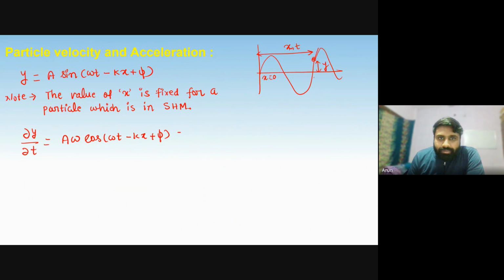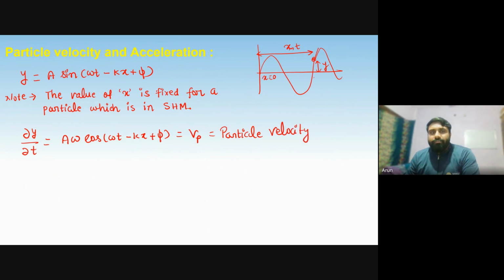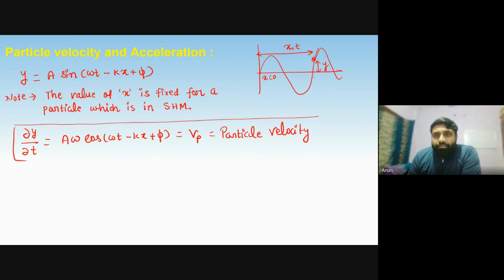This is nothing but Vp, the particle velocity. If you take the mod of it, it will become speed. This del y by del t is important. You have to differentiate considering time is the only variable, and the rest are constants.